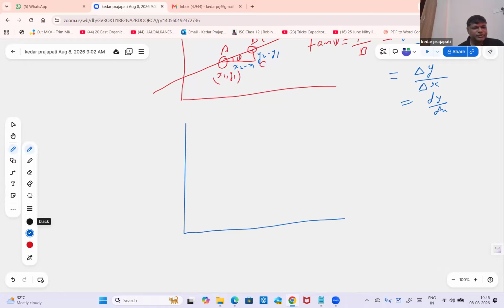I have a point. This is your straight line. Suppose one point is here and another point is here. Okay. So these are points. So in order to get this point, you have to travel until this, right?